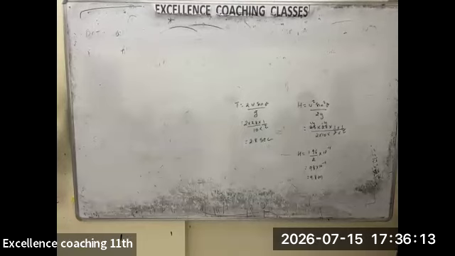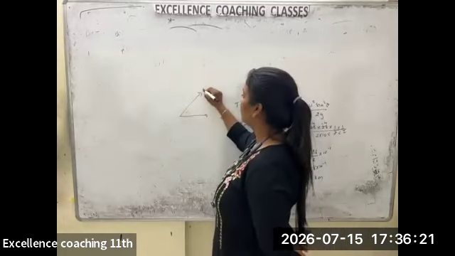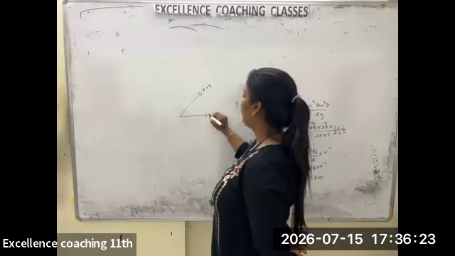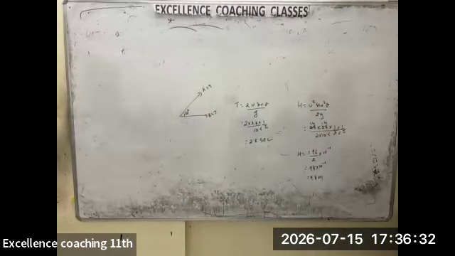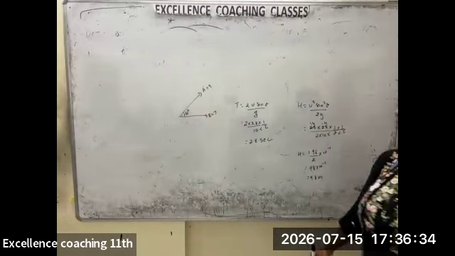Solve the next one. Two vectors of magnitude 9 and 7 are inclined to each other at 60 degree. So there are two vectors, A is equal to 9 and B is equal to 7, inclined at 60 degree. Calculate the magnitude of the resultant and at what angle the resultant is inclined to vector 9.